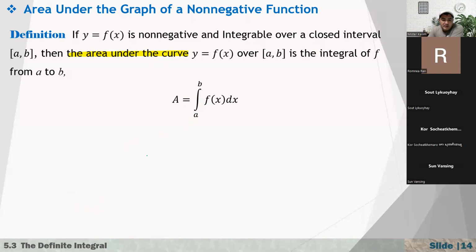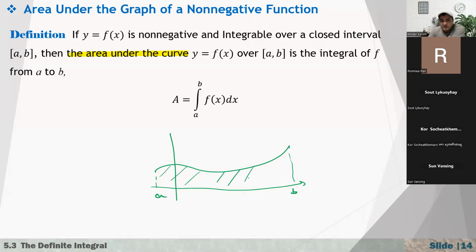Okay, since it is non-negative, its graph is totally above the x-axis. Maybe our function is something like this. This one is a, and this one is b. We are talking about the area under this curve. How do we find this irregular shape? As you see, without the help of the integral, it is not easy to find the area under this curve.